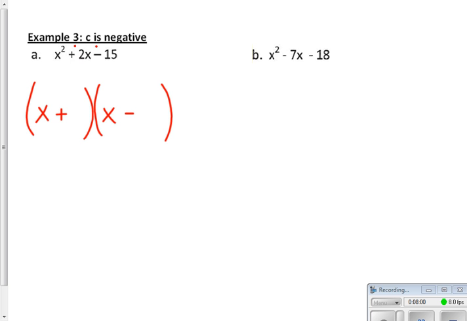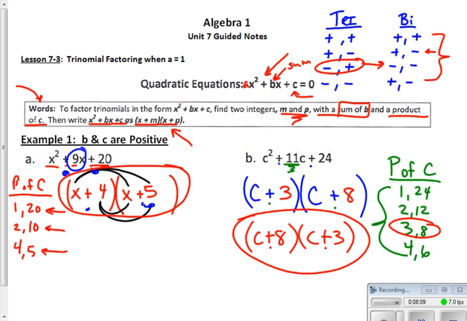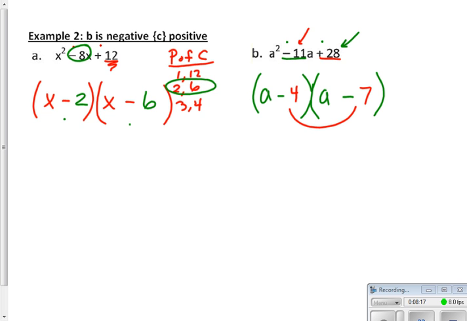The reason why, if you check the first 2 examples on your paper there, is that everything in our binomials was a plus and a plus, so the order didn't matter. Plus, plus. The second example, they were both minus, minus, so things can be switched around. You could have actually, in this example, put a 6 here and the 2 there, because they're still both minus, minus.